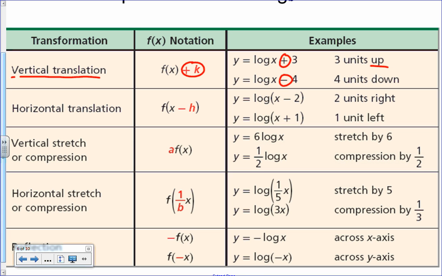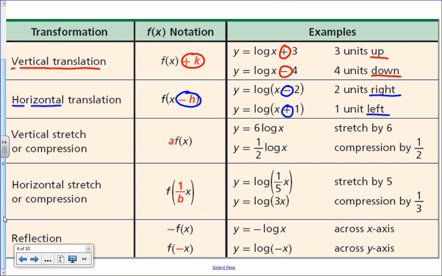Minus 4 at the end is down 4. Stuff on the inside, like right here, that x minus h is inside. It's horizontal. Since it's minus, it's a translation. Minus goes right. Inside, think backwards. Plus goes left. Think backwards. Same concept. We just talked about it in the next set.